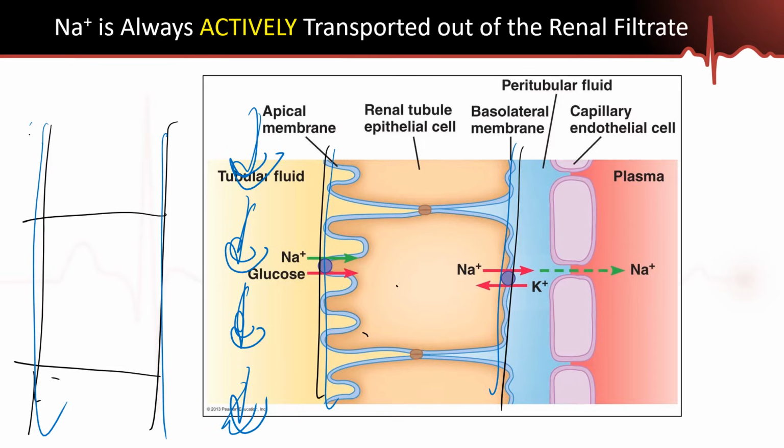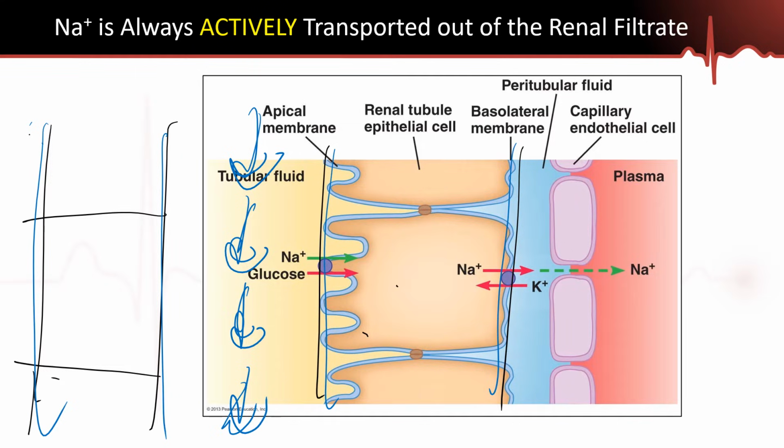We're trying to make this a two-dimensional image here, but as the blood plasma is traveling through the lumen of the proximal convoluted tubule, it's just going to be surrounded by these cube-shaped epithelial cells.